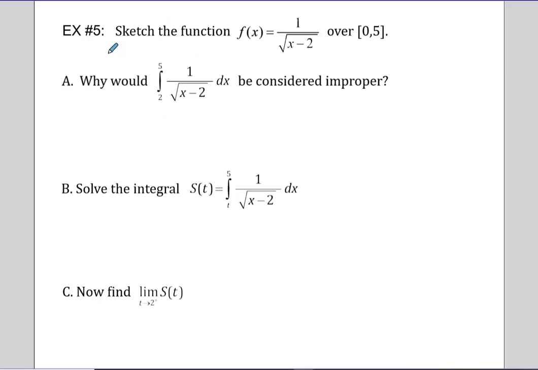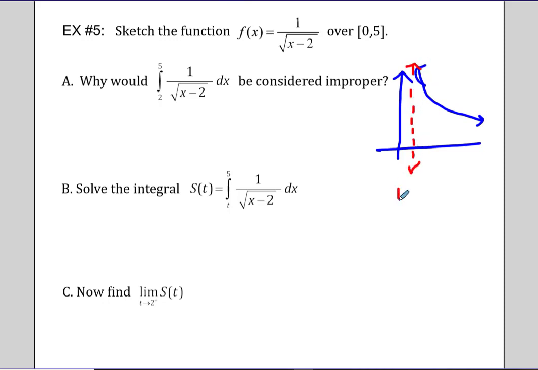In example 5, we want to sketch the function f of x as 1 over radical x minus 2 over the interval from 0 to 5. And that would look like a branch here. We've got a break in the graph.